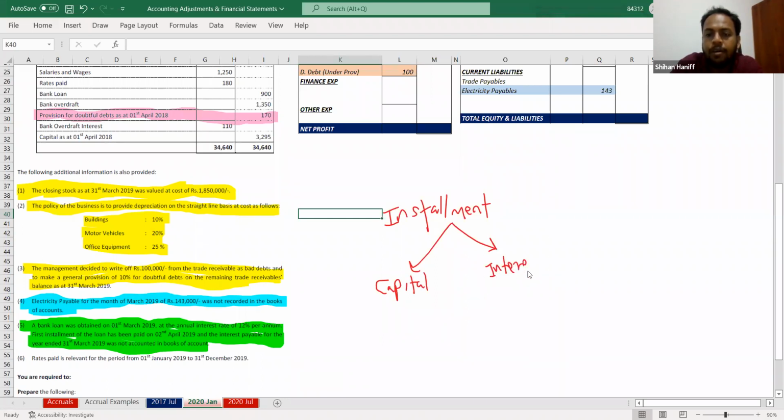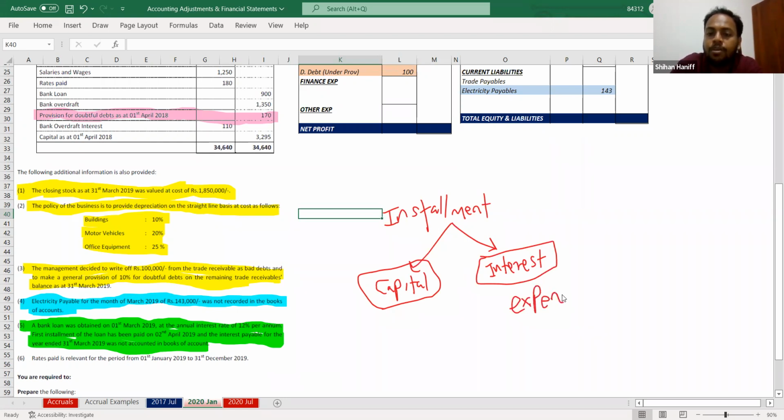When you repay the bank loan, the capital portion is deducted from the initial loan amount, and the interest portion is an expense.